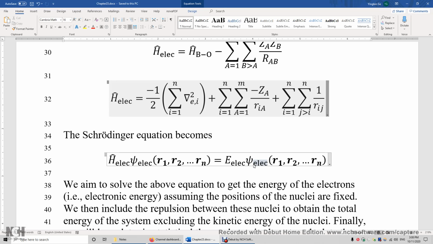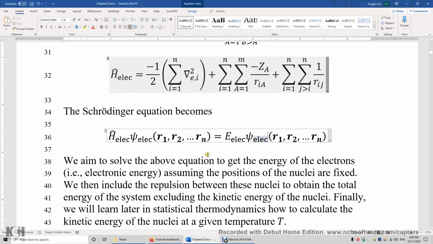So in this sense, the electronic wave function is the same as the Born-Oppenheimer wave function. Our goal is to solve this equation to get the energy of the electrons, that is, the electronic energy, assuming the positions of the nuclei are fixed.